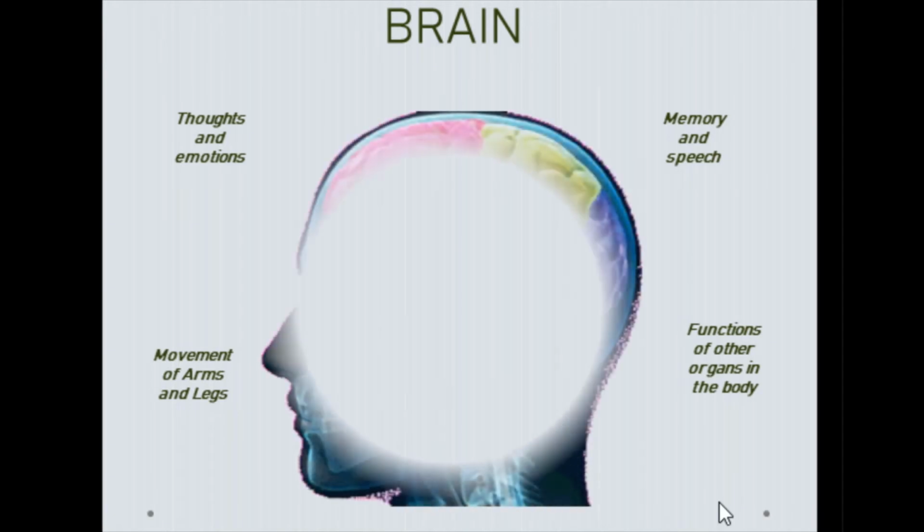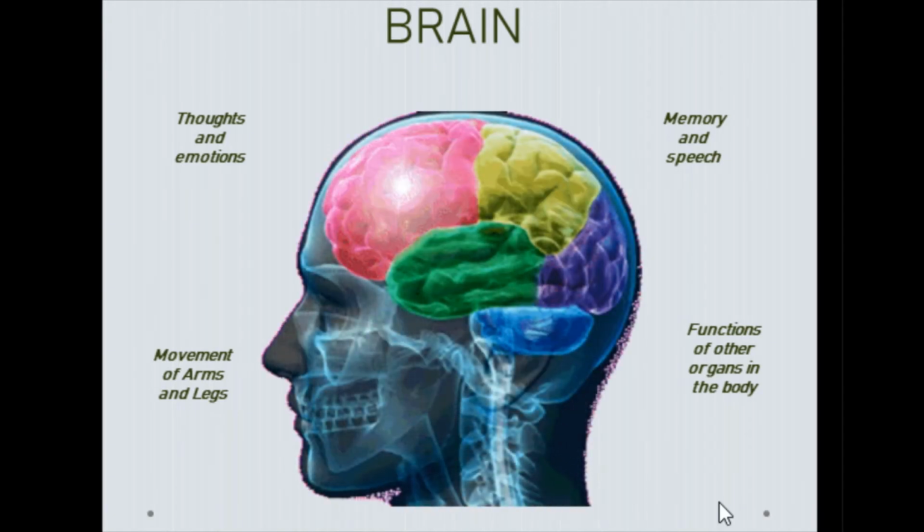Now, let's move on to the largest part of our body, and that is the brain. Repeat after me, please. Say brain. Good job. This is how our brain looks like. In here, we wrote at least 4 of the functions of our brain.